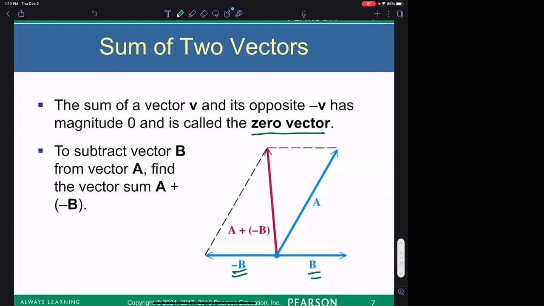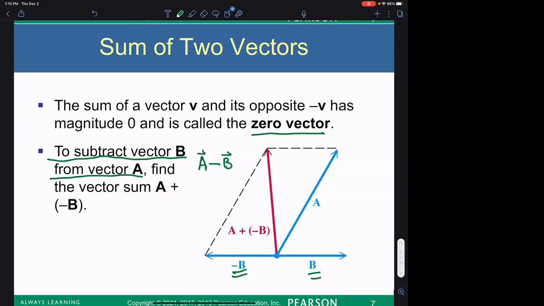Now, with that opposite defined, visualized, discussed, then we can use that to define subtraction of vectors. So as it says here, to subtract vector b from vector a, so that would be a minus b, and I'm going to put a little vector symbol on these.